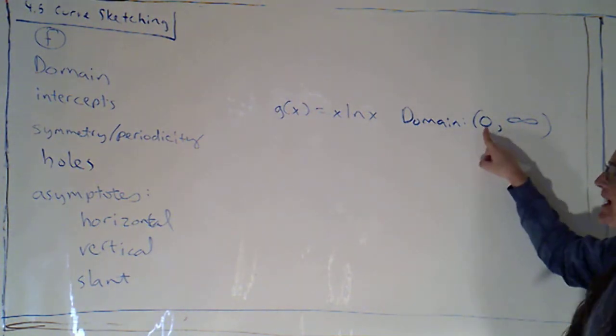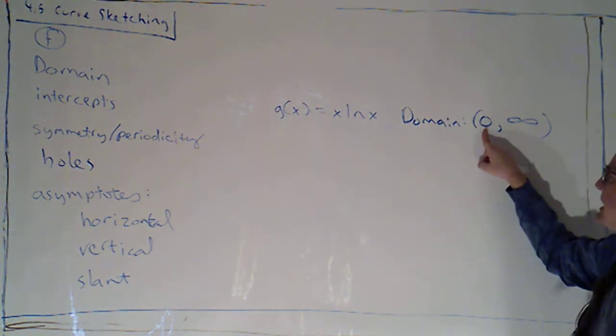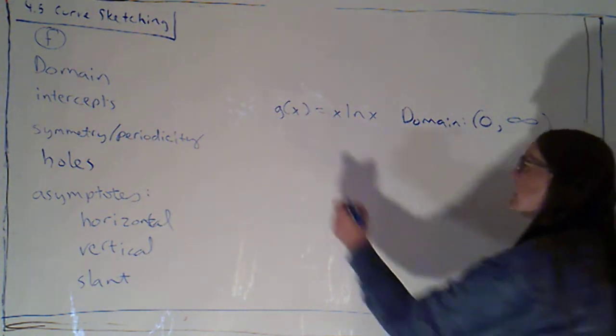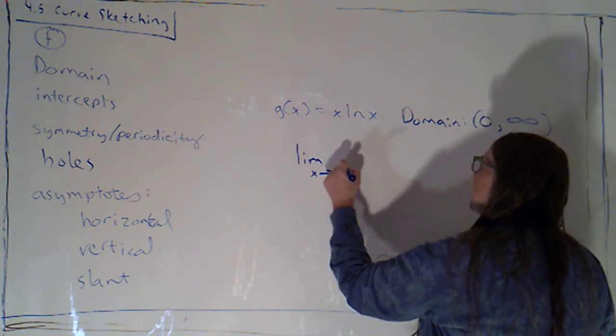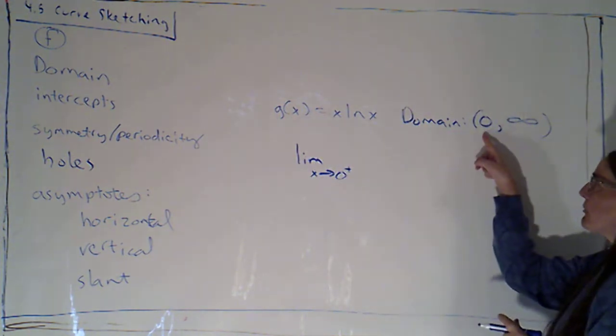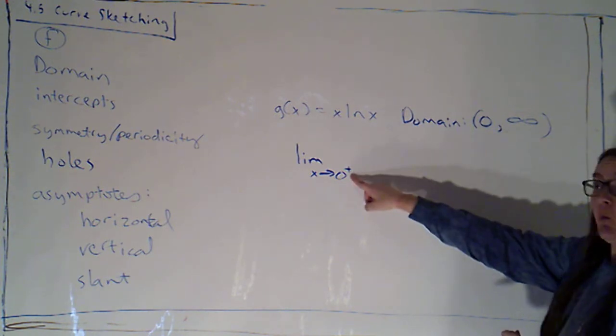So when I have a finite endpoint to my domain, but it's not included in the domain, what I'm going to need to do is evaluate the appropriate limit. So I'm going to take the limit as x approaches 0. Now it's going to be a one-sided limit.